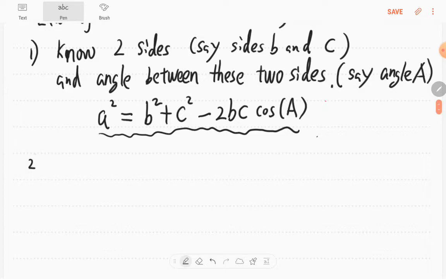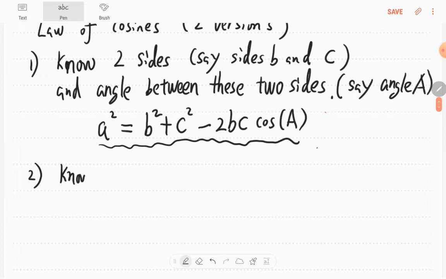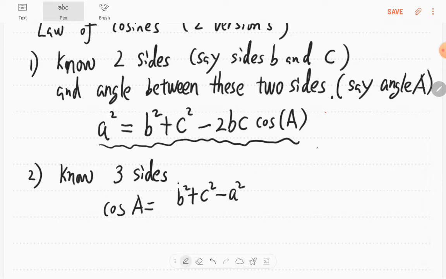And another version is if we know three sides. Then we can use this formula to calculate the angle. If we want to calculate angle A, then cosine A equals B squared plus C squared minus the opposite side squared, over 2BC.